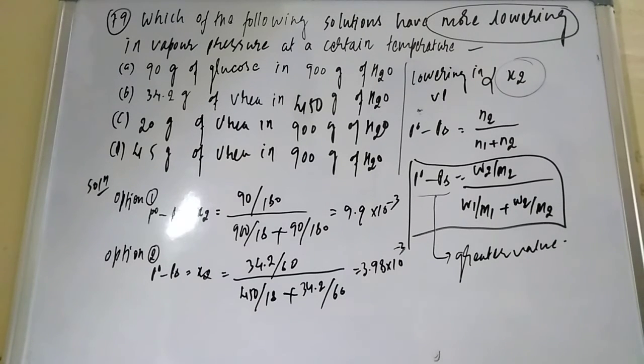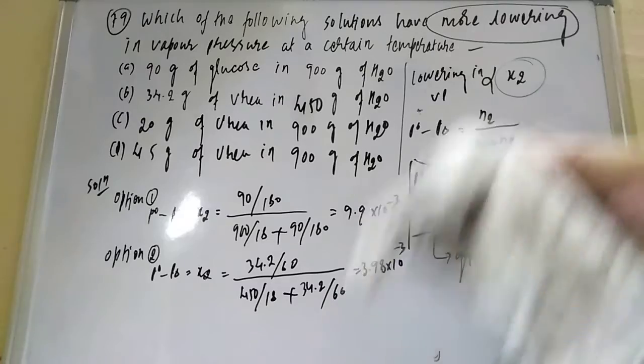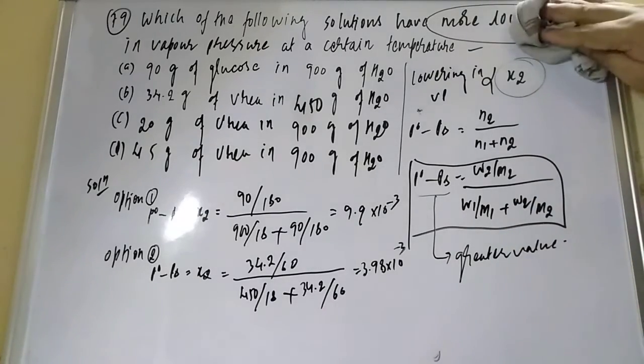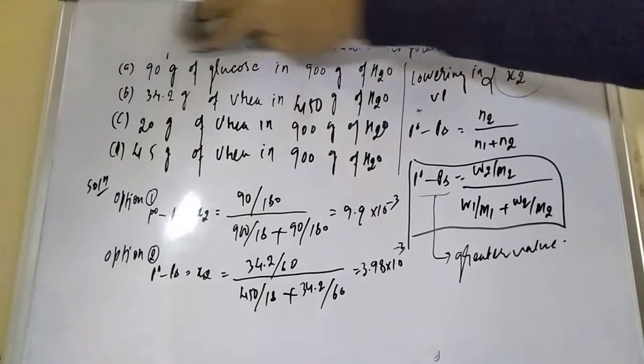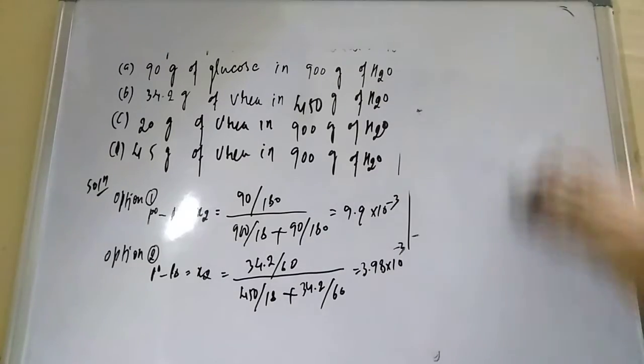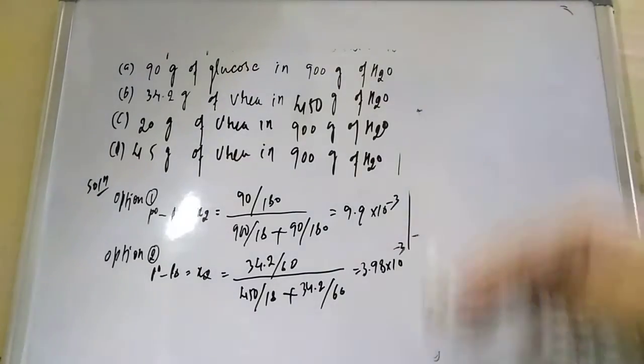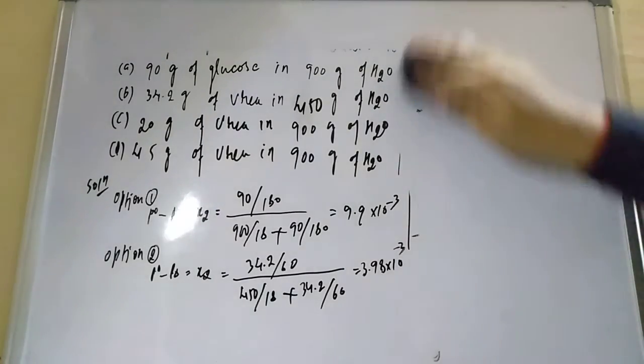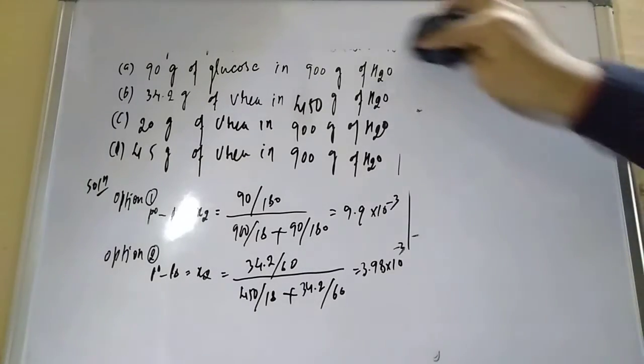Now next one, go and check option number third. Try to find out how much is coming for option number third. We can do it on the right side of the board. We cannot remove the option because we have to check the highest relative lowering in vapor pressure.